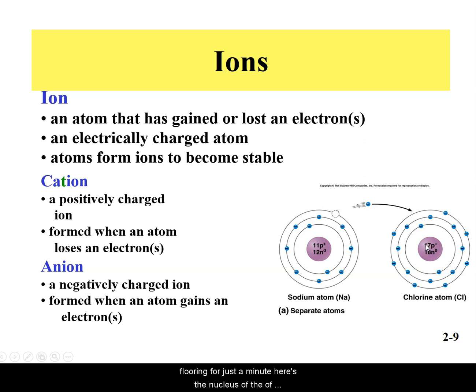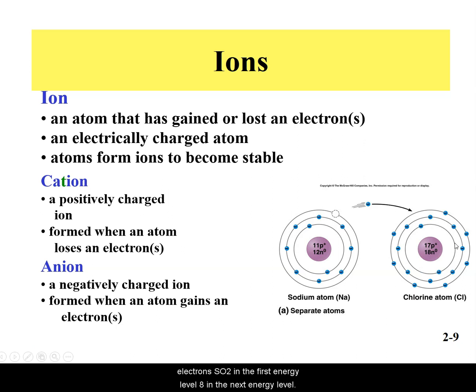Here's the nucleus of the atom. It contains, for chlorine, its atomic number is 17. And so it has 17 protons in its nucleus, or 17 positive charges. Now, in a neutral atom, it would have 17 electrons.